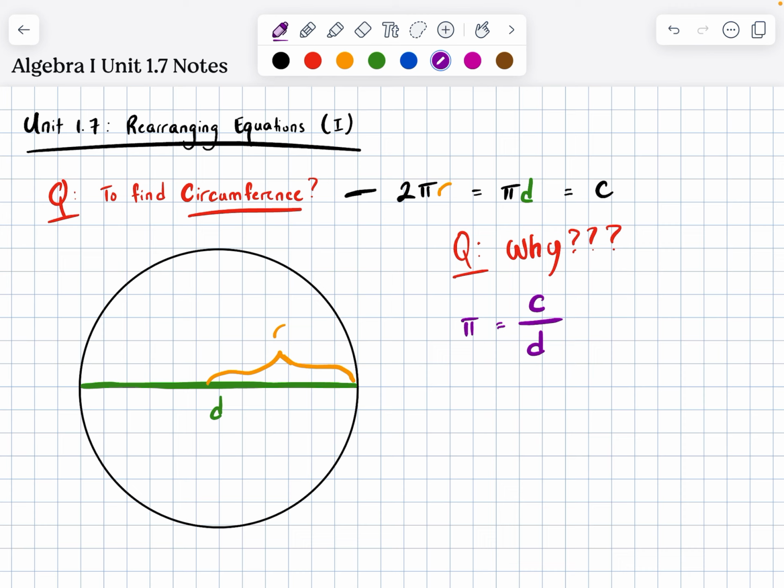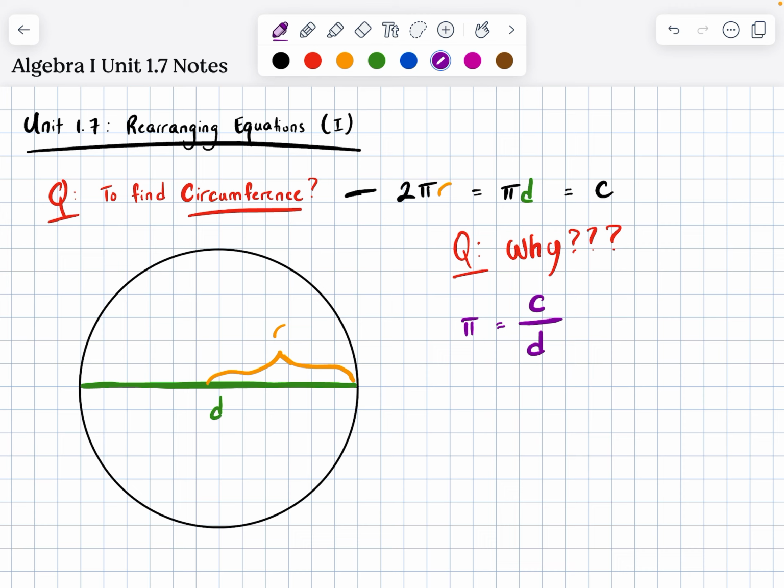And briefly, you may remember the reason why. Well, pi is about 3.1415926 something. The idea is that the circumference of a circle is curved, right? I'm trying to measure circumference, which is a fancy word for the distance around a circle.